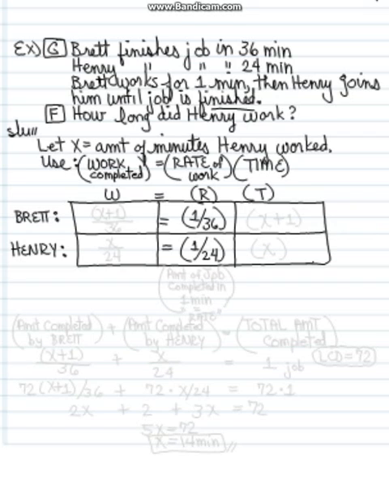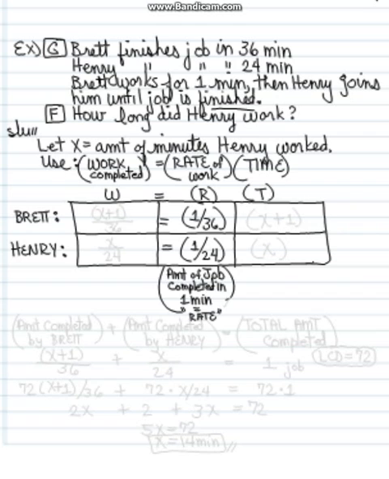Okay, the amount of time, well, that Brett dude, he was working for 1 minute longer than Henry, and we call X the amount of time that Henry worked. So if Henry worked X, then Brett worked X plus 1. Oh, this is just a reminder that this column is the amount of the job that's completed in 1 minute by each of these guys.